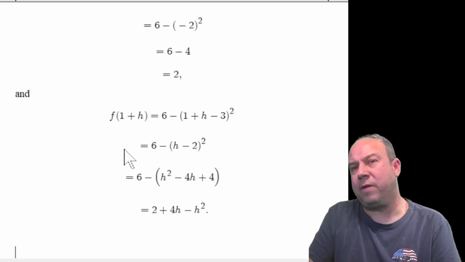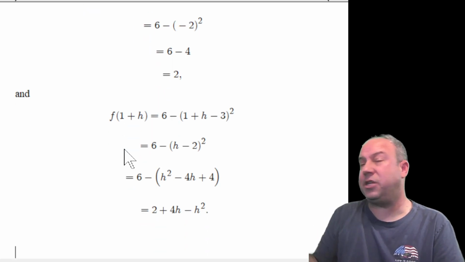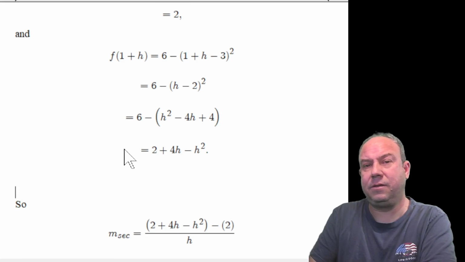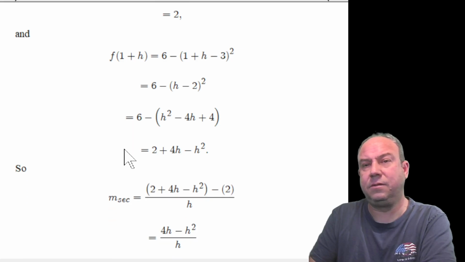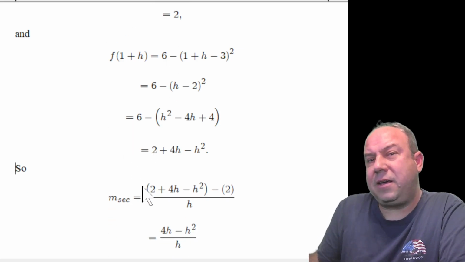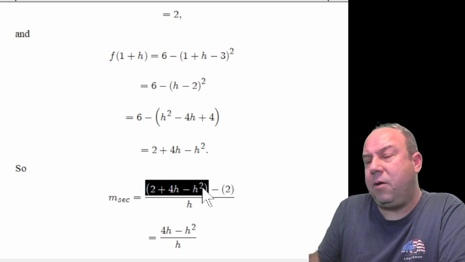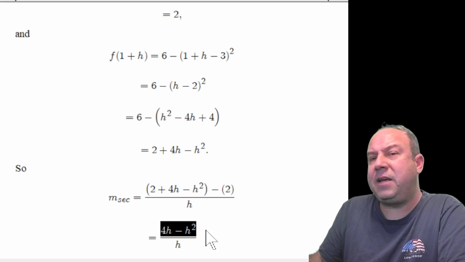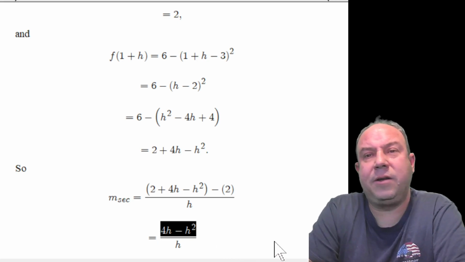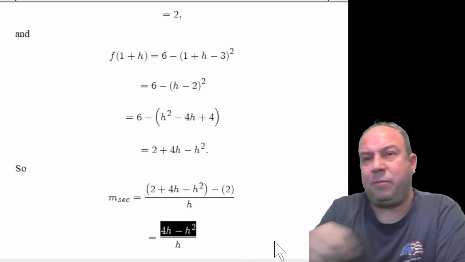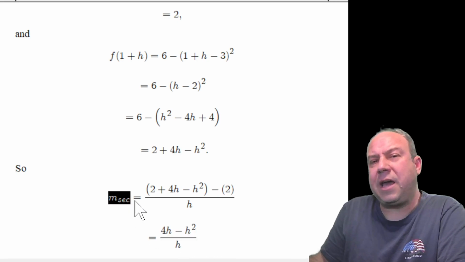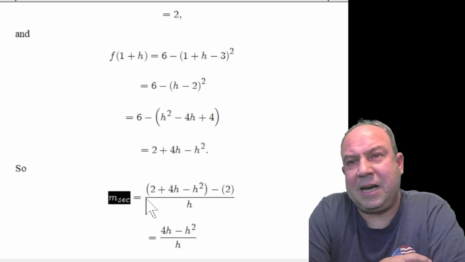Now, if I take f at 1 plus h and I take away f at 1, notice how that simplifies. It does simplify into 4h minus h squared, all divided by the quantity h when we calculate the slope of our secant line.